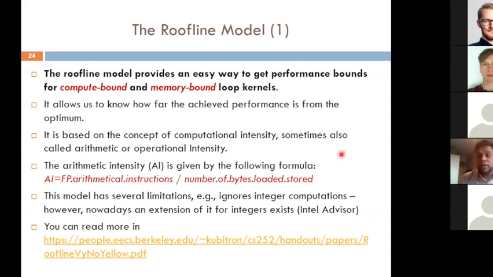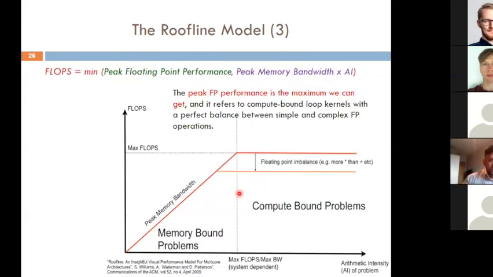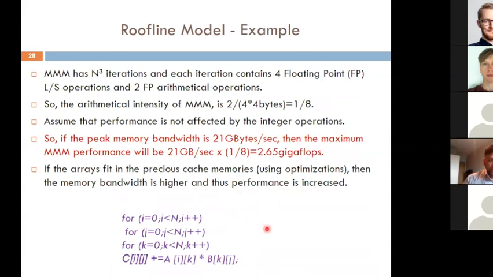The formula to get AI, and AI here is not artificial intelligence, in this context is arithmetical intensity. Arithmetical intensity is the total floating point arithmetical instructions divided by the number of bytes loaded and stored. I just want to go to another slide to explain this.